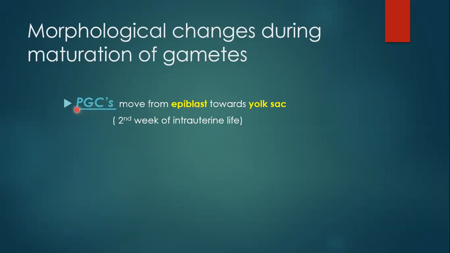So there are specific cells which are stem cells meant for the production of the ova. Ultimately, they reside within the epiblast layer, right? From the epiblast layer, they move towards the yolk sac, and the era is the second week of intrauterine life, right? So during the second week, the first thing which occurs is that the primordial germ cells move from this layer, the epiblast, towards the yolk sac.